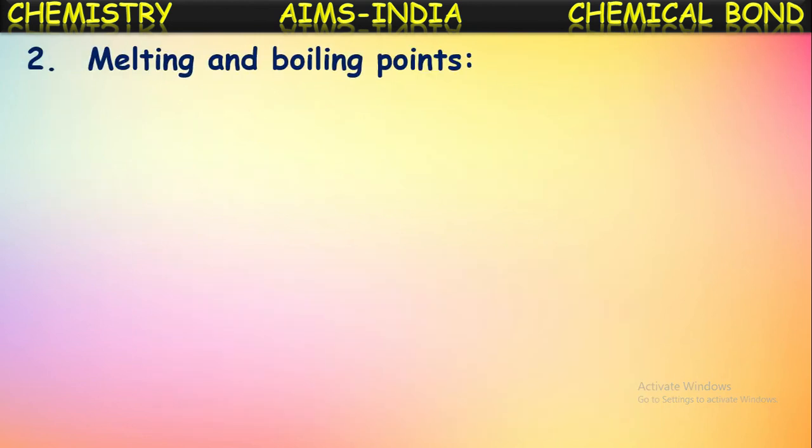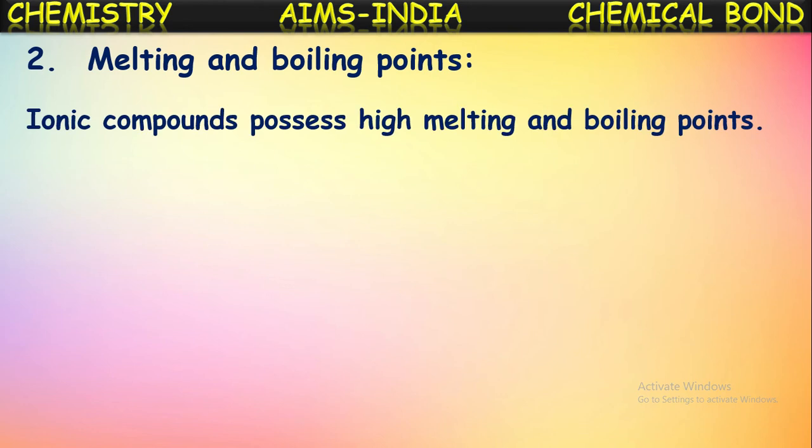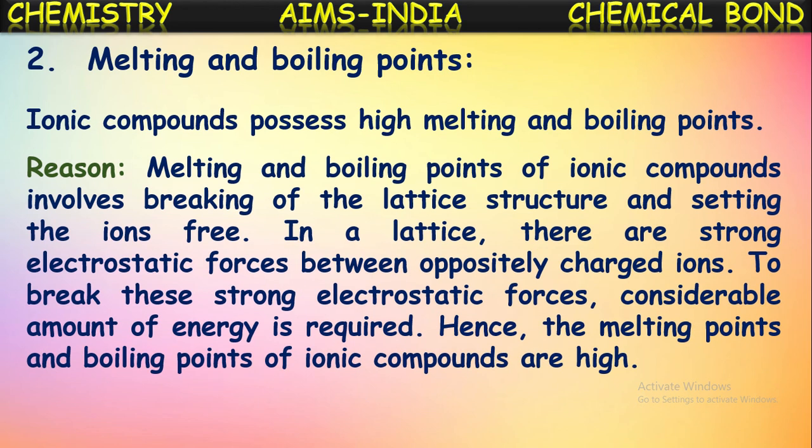Next, melting and boiling points of ionic compounds. Ionic compounds possess high melting and boiling points because they are strongly held with opposite ions. Breaking these forces of attraction requires large heat energy. Let us see the reason also. Melting and boiling of ionic compounds involves breaking the lattice structure and setting the ions free, so it requires a large heat energy.